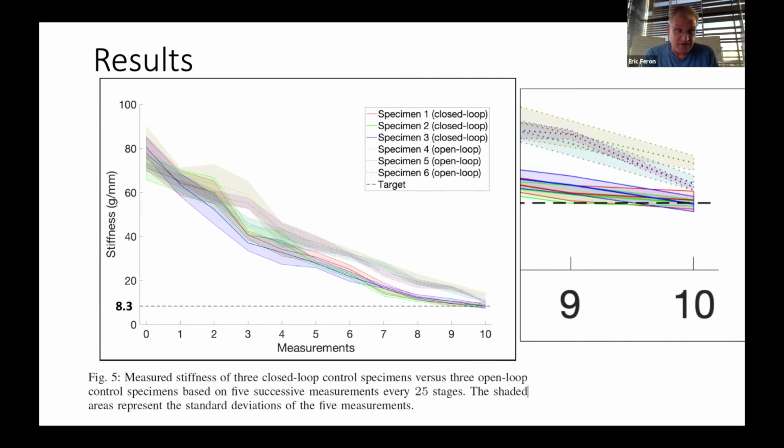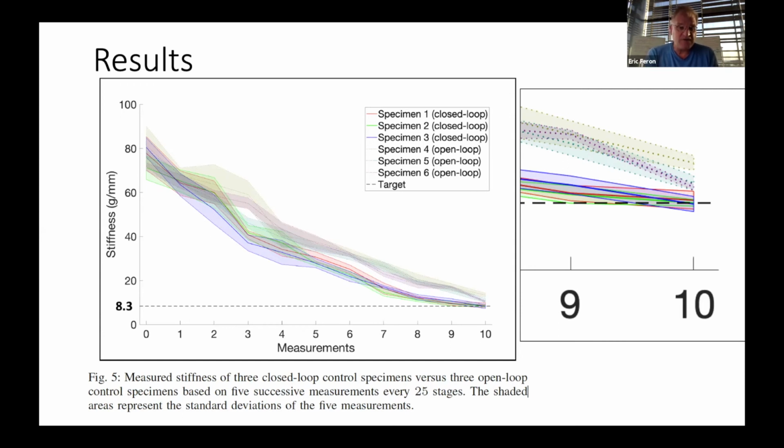We compare this with a closed loop implementation whereby the measurements are used at every stage so that the next layers of printing are dynamically chosen based on those measurements.